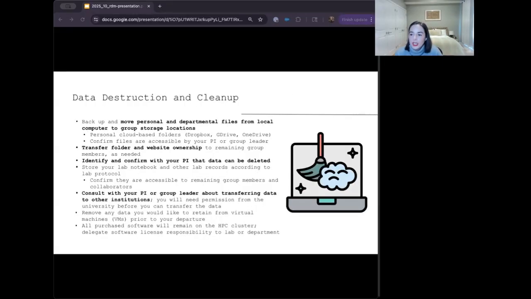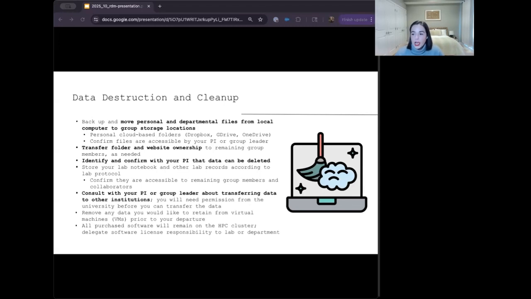On top of reviewing your data to identify what should be retained, it is imperative to ensure other steps are taken to make sure your data is accessible and available to others, especially if you're getting ready to leave the lab. We do recommend backing up and moving any personal files or departmental files from local computers to group storage locations.